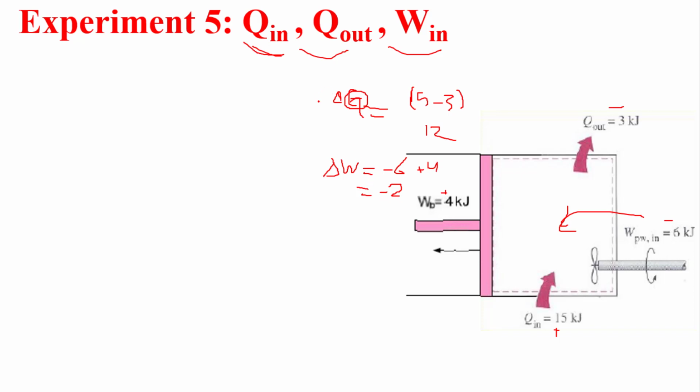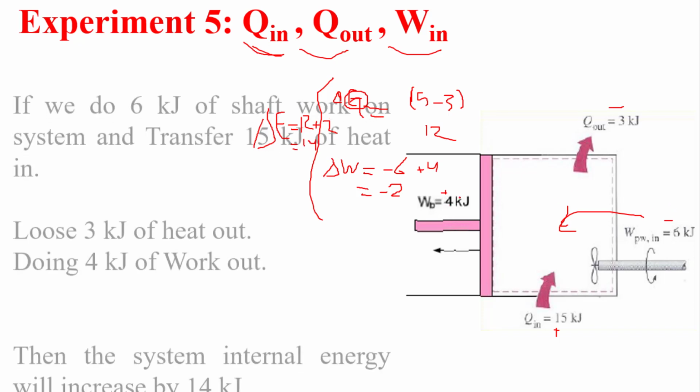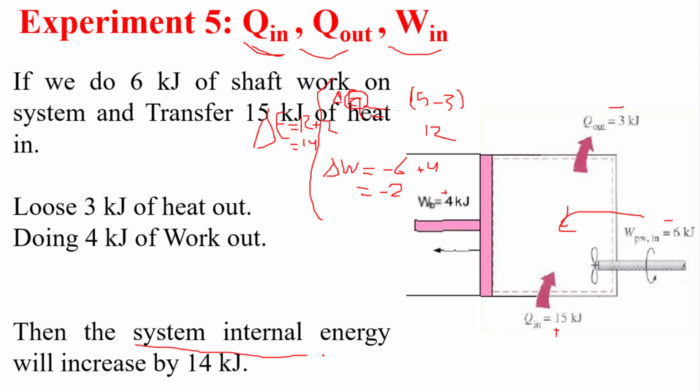So the total energy stored in the system, delta E, will equal 12 plus 2, and this is equal to 14, the amount of energy stored in the system.